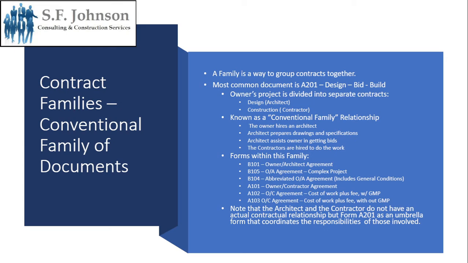A101 is the owner-contractor agreement. A102, owner-contractor agreement with the cost of work, specifically as far as payment, the cost of work plus the GMP. And then A103 is the owner-contractor agreement with the cost with no GMP.